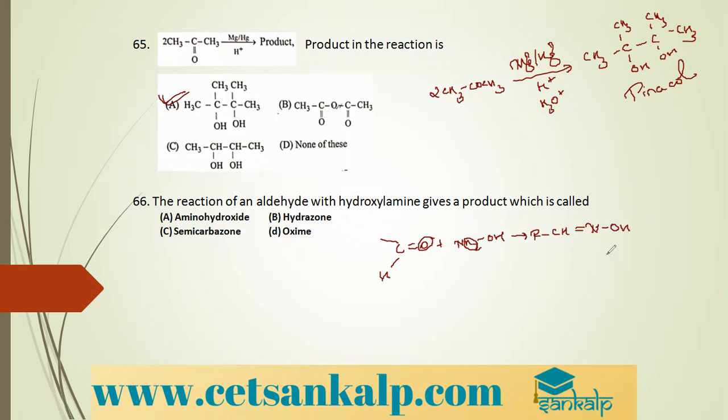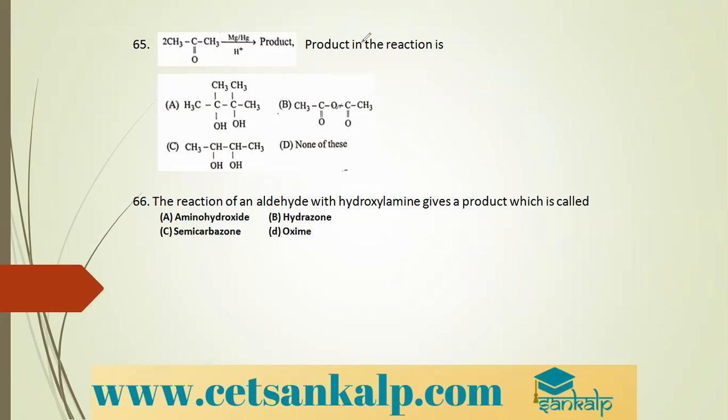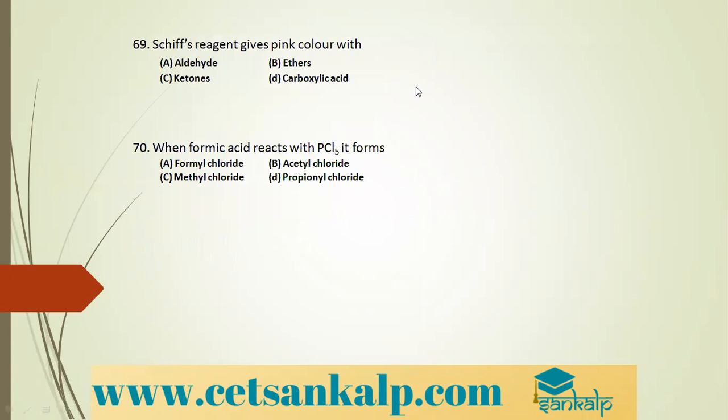What is this compound called? This compound is called acetaldoxime, or we call it an oxime. Since here it is R, I will call it an aldoxime. So the compound name is oxime. This reaction is nothing but a nucleophilic addition elimination reaction.